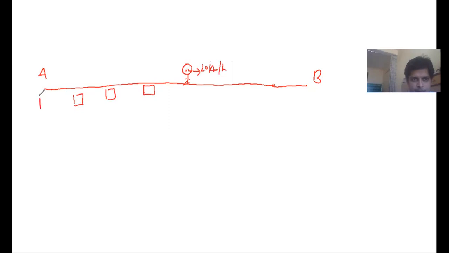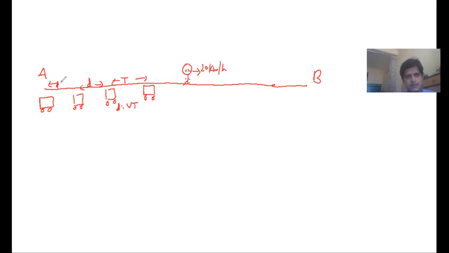One thing we notice is that the time interval between two successive buses is T. So the distance between two buses will be V into T, and this is the same distance here also.